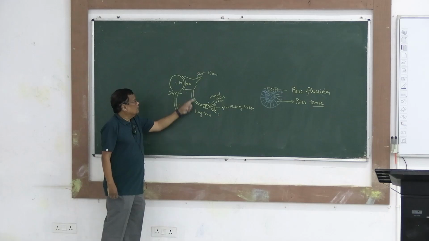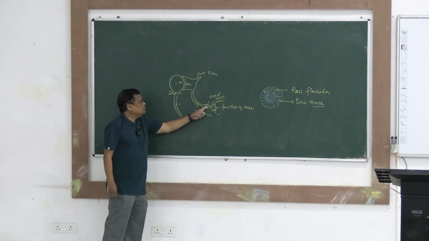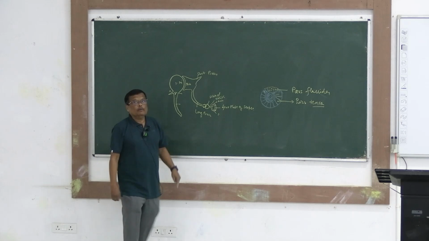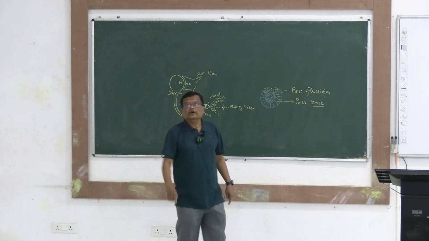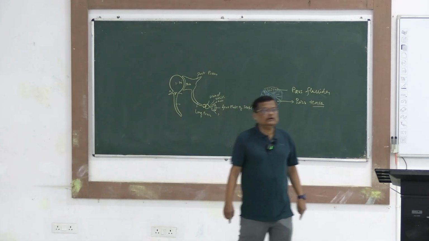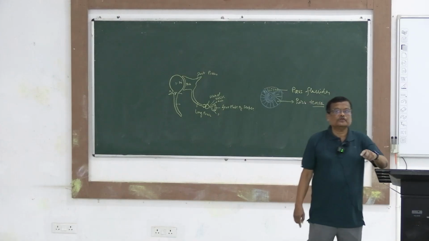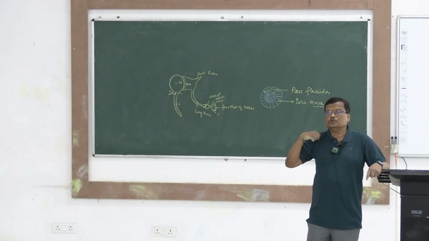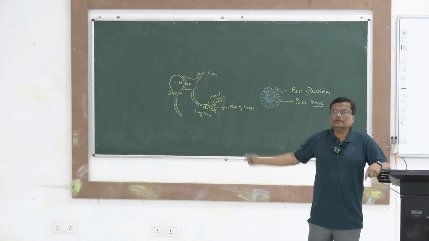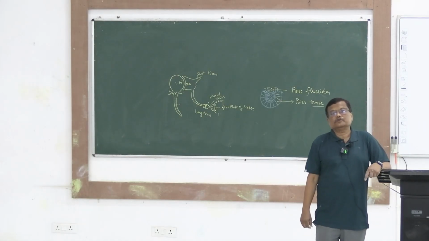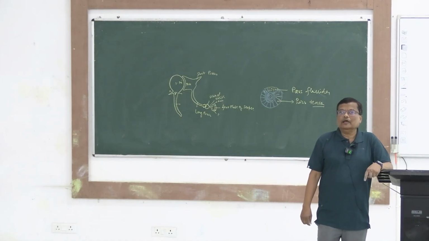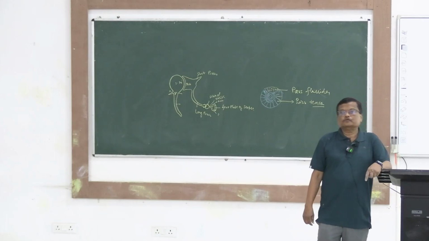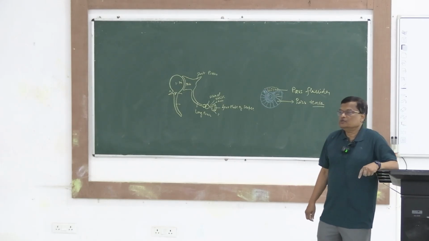And the long process of the Incus articulates with the head of the stapes to form a ball and socket type of synovial joint. Restricted ball and socket type of synovial joint. So it is another example, not only the shoulder joint and hip joint, of ball and socket type of synovial joint. Incudostapedial joint is a ball and socket type of synovial joint.